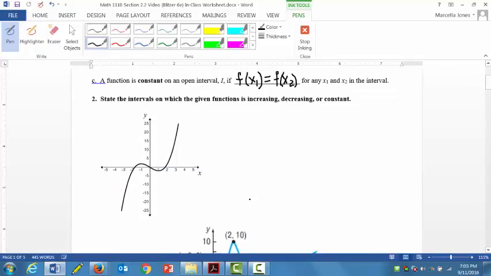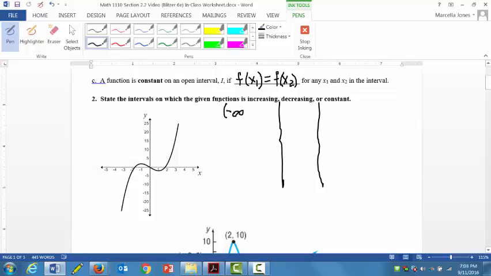So let's look at this graph and let's give the intervals of increase and decrease. Remember, an interval of increase is where, as you move from left to right, the graph is going uphill.